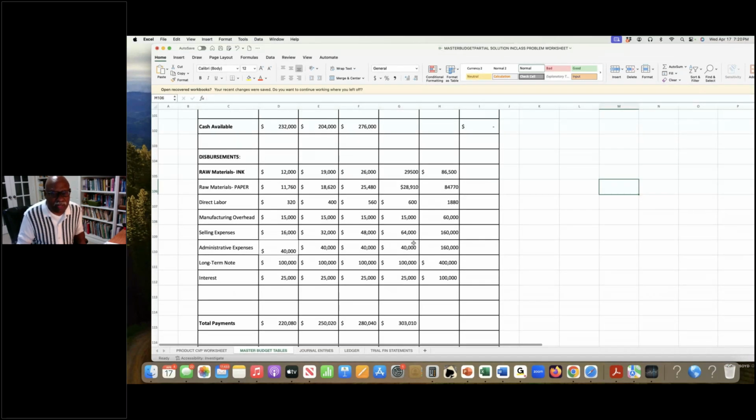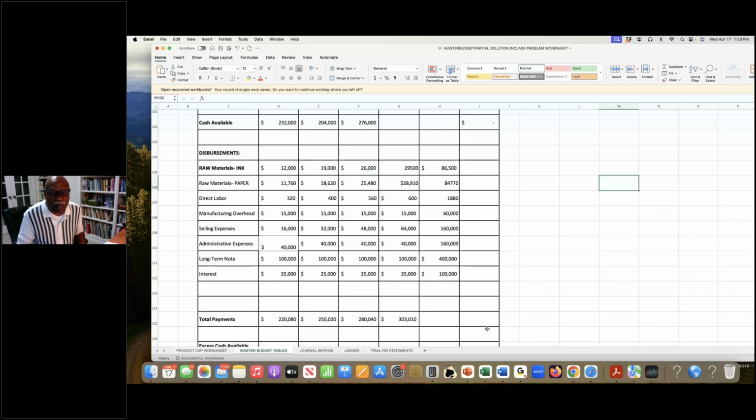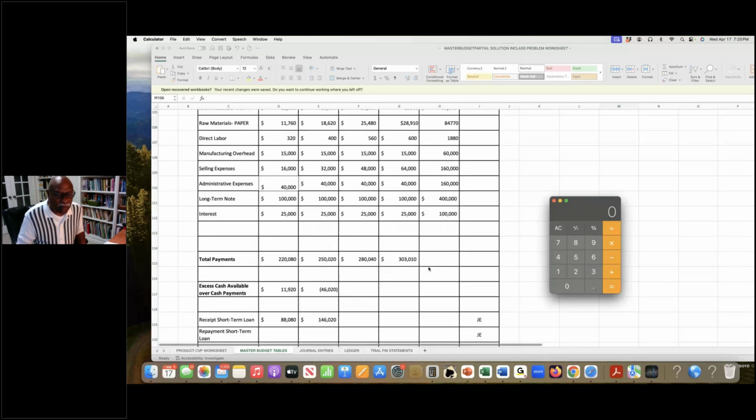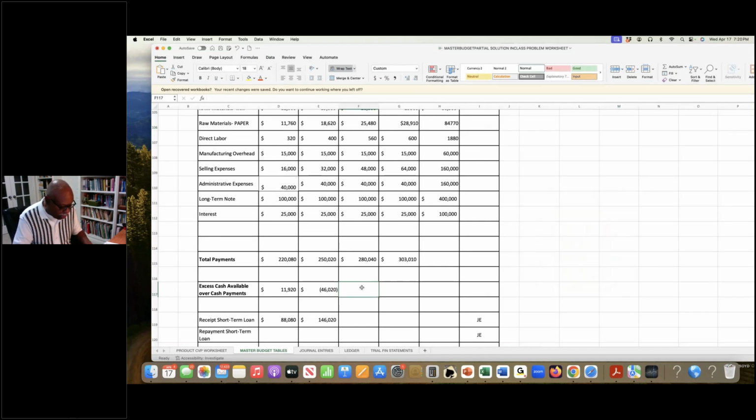Our expenditures are 280. So when we take the difference between those numbers, I think we're at a minus 40/20, 40/40.